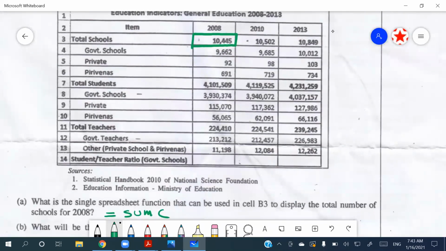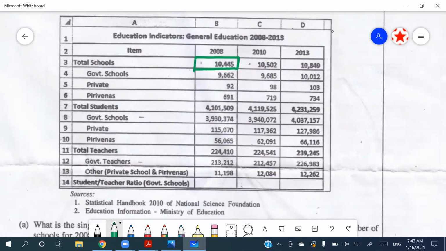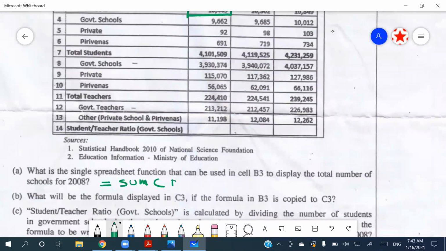That means from B4 to B6. So it's going to be B4 colon B6, or you can write it the other way around, B6 colon B4, right? Or else you can write B4 comma B5 comma B6. Still those are correct.